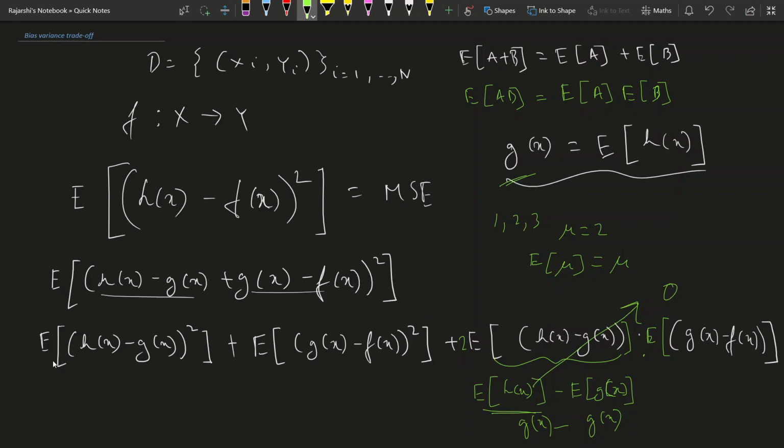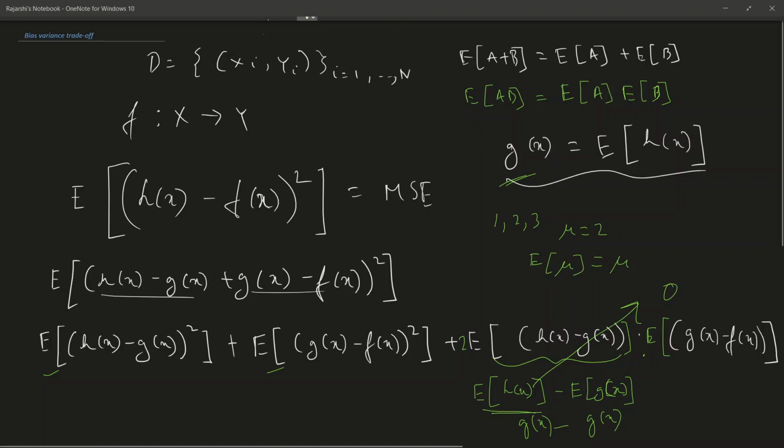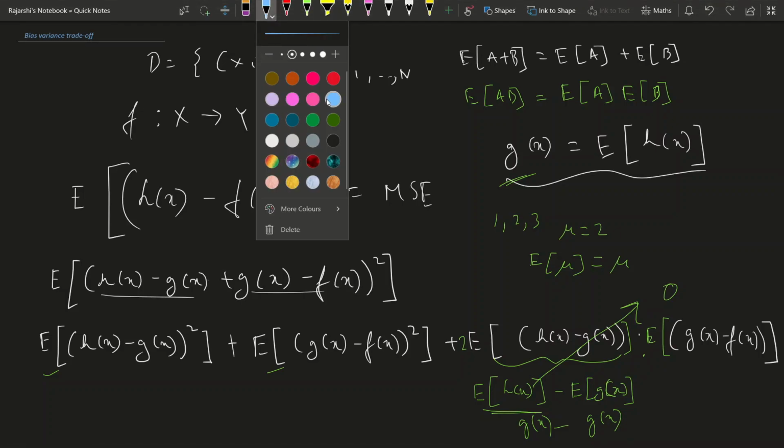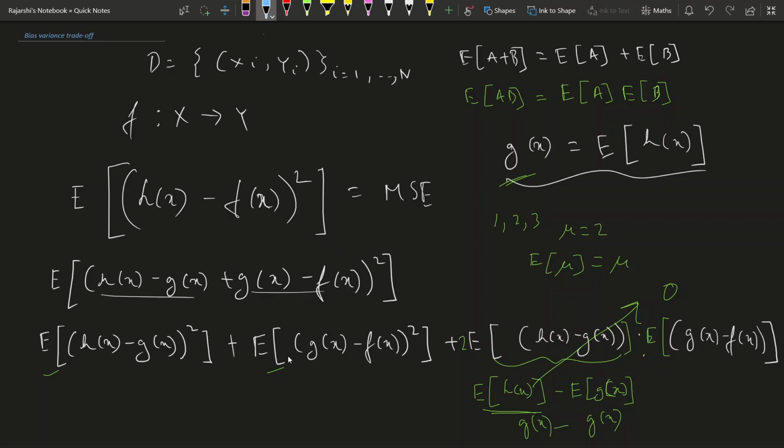So we will focus on the first two, this expression and this expression. Now let's focus on this one. Sorry, I need blue. So this one is a target function. It is a very specific function. g of x is the mean. The h of x you can consider as a random variable, but that's a different concept.